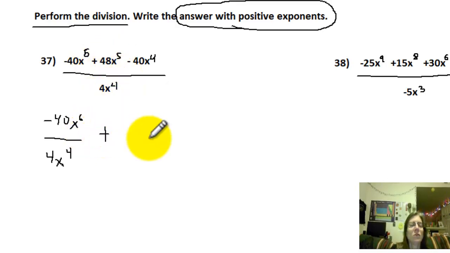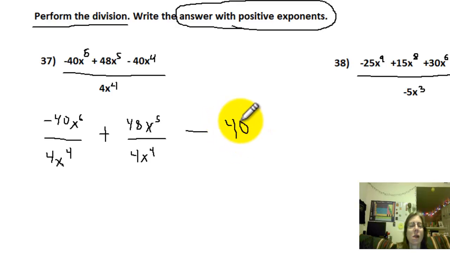Then you write this one with the denominator again: 48x to the 5th over 4x to the 4th. You take that subtraction and now you do 40x to the 4th over the 4x to the 4th.